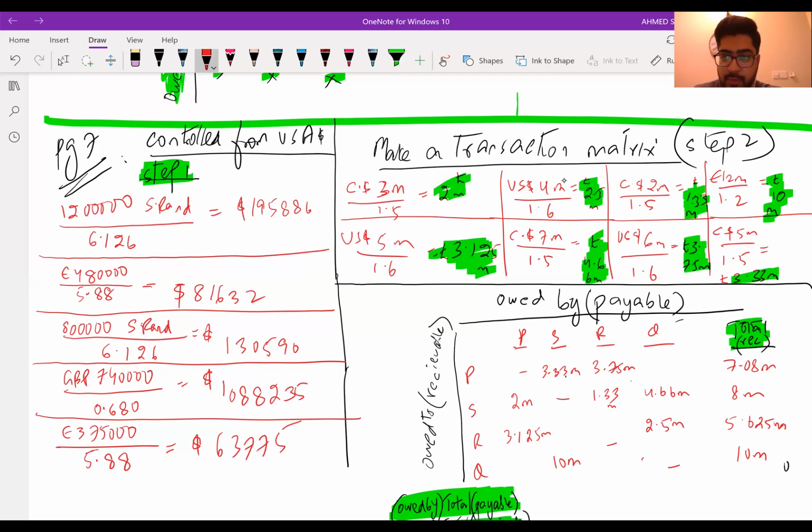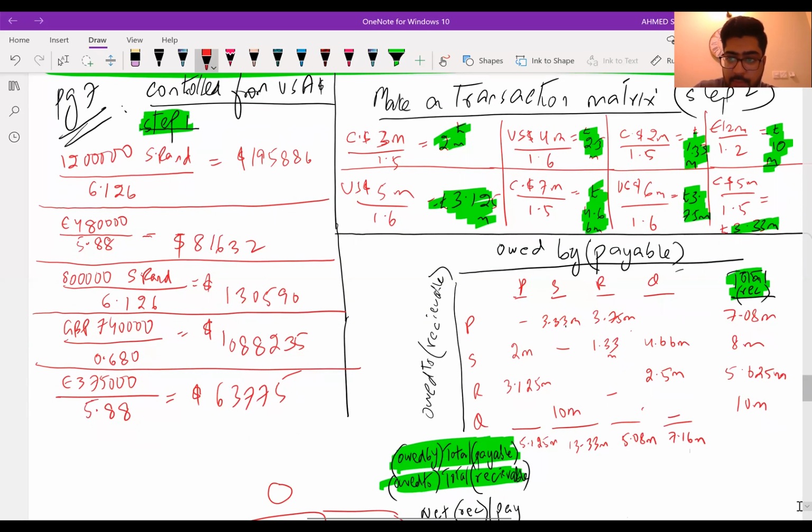This is the total of all receivables. Total in this manner also: 2 and 3.125 is 5.125 million, S is 13.33 million, then 5.08 million, and 4.66 plus 2.5 is 7.16 million.